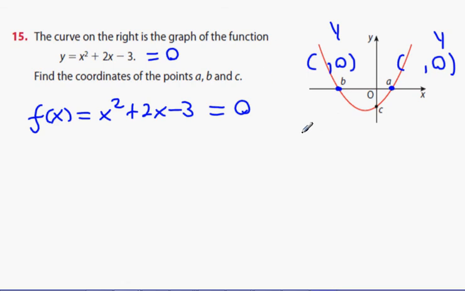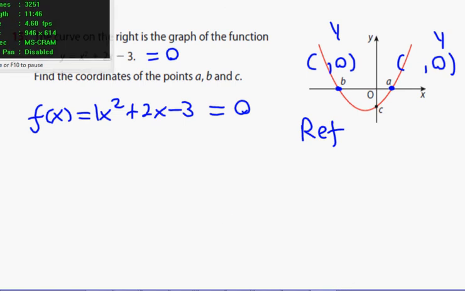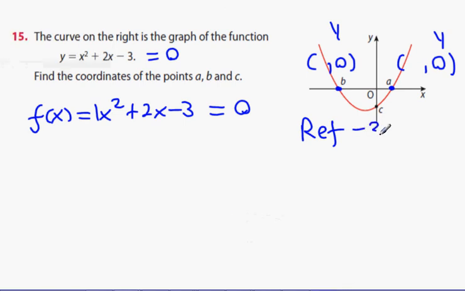Oscar, what's the reference number? 6. This one here. Factorise: we need numbers that multiply to minus 3 and add to give plus 2 in the middle: plus 3 and minus 1.